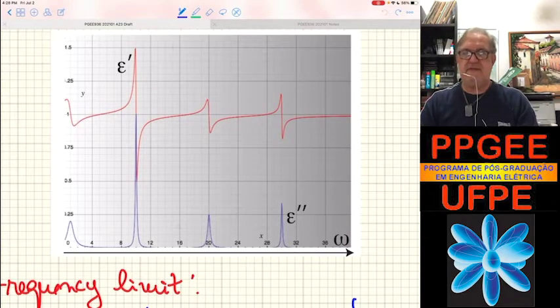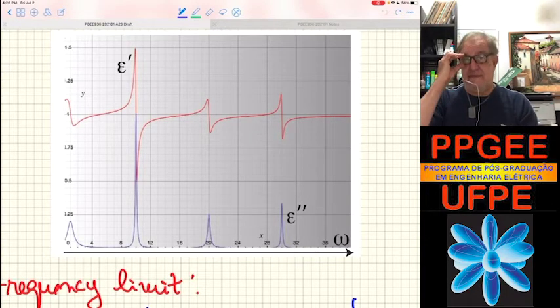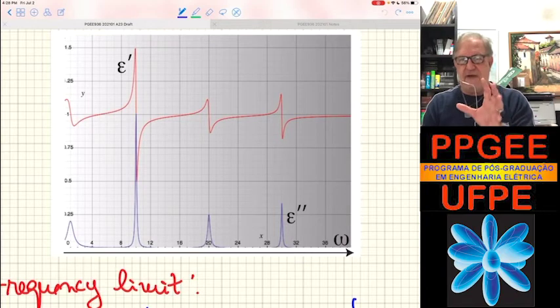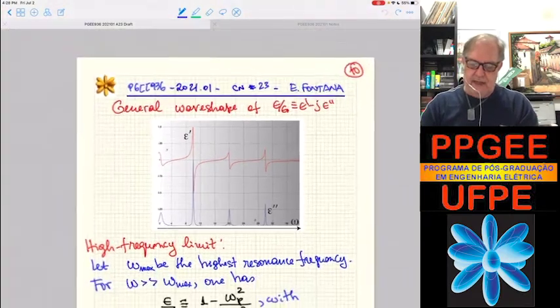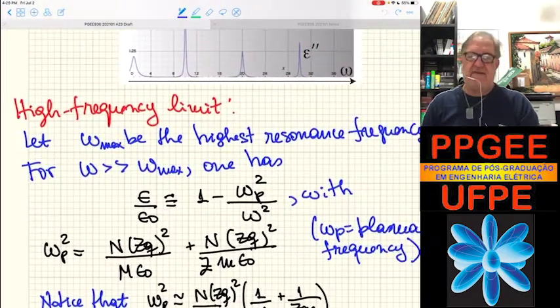Let's look at some important cases. This function is useful to explain several things, including metal properties, as we're going to see now. Suppose the maximum resonance frequency of your system is omega max, and suppose that we go well beyond that frequency.